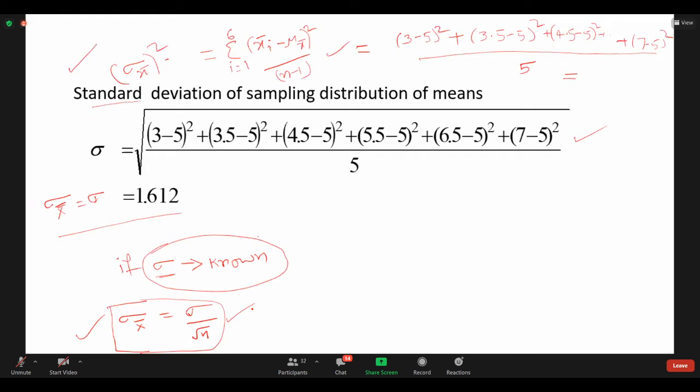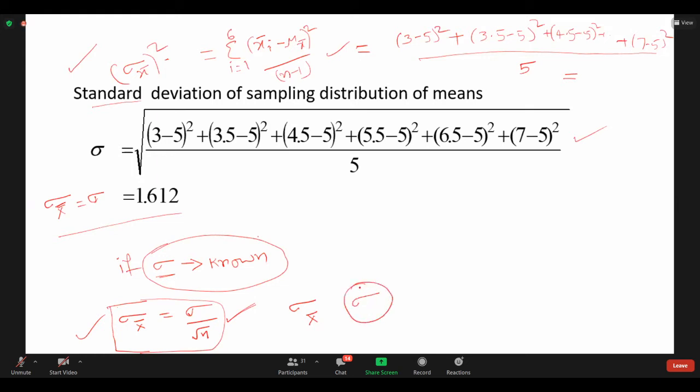If the population standard deviation is known, directly use this formula for finding the standard deviation of the sampling distribution of means. See here, there is a difference between these two notations: sigma suffix x bar and sigma.